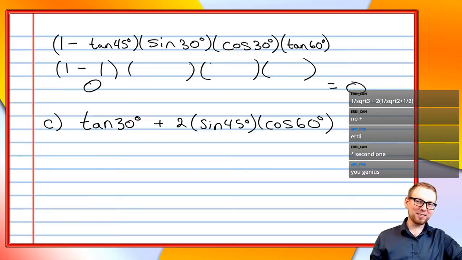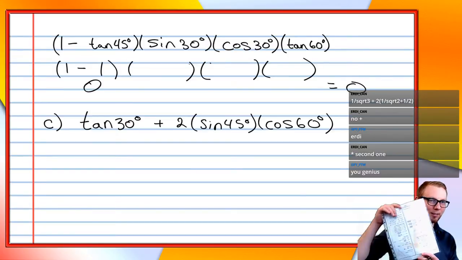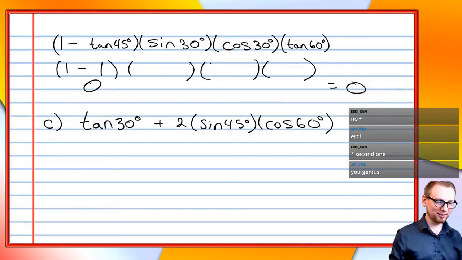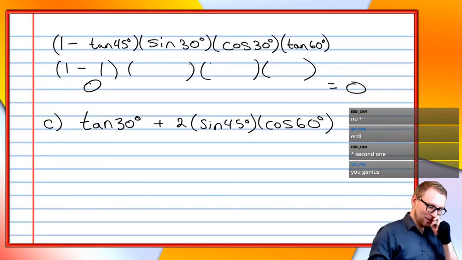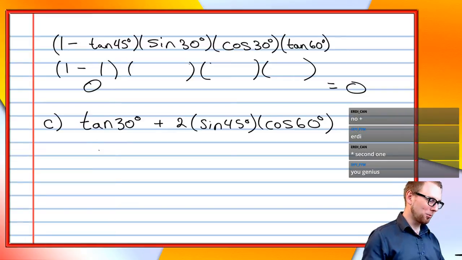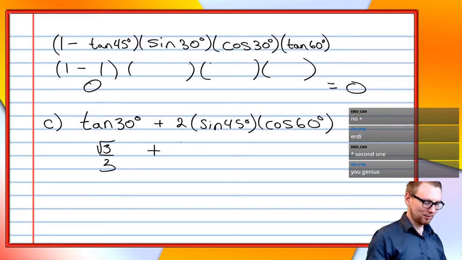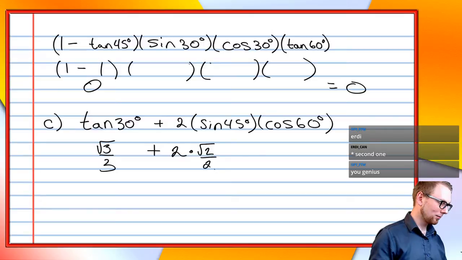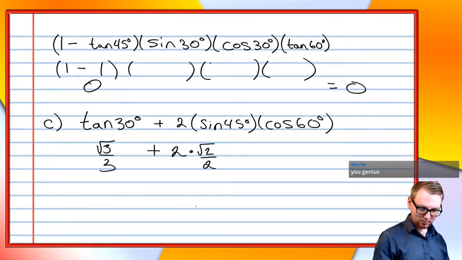See, the thing is the answers are literally in front of you. So it shouldn't be too hard. Tan of 30 degrees, when you rationalize, is root 3 over 3. Plus 2 sine of 45, which is root 2 over 2. Cosine of 60, well, that was what? 1/2.